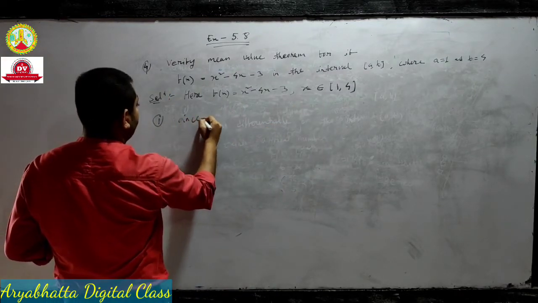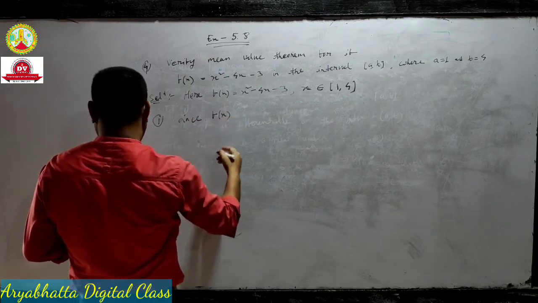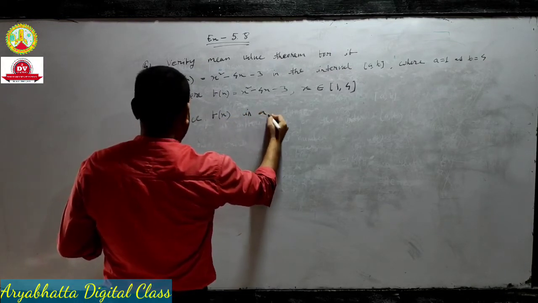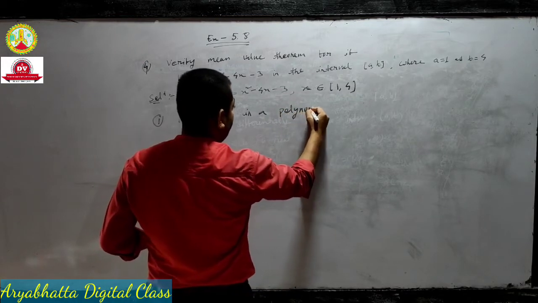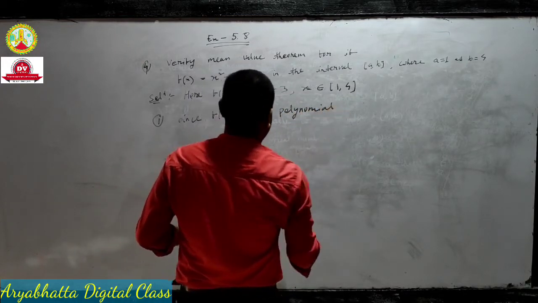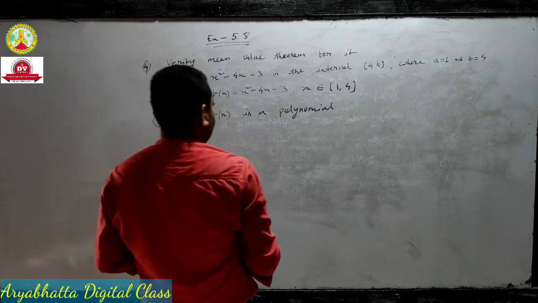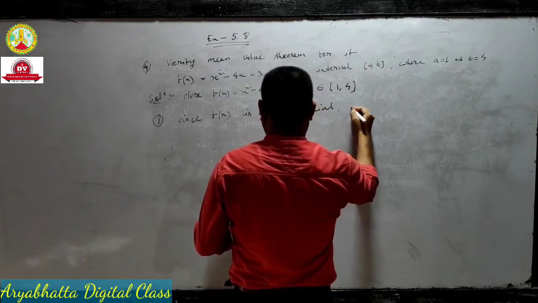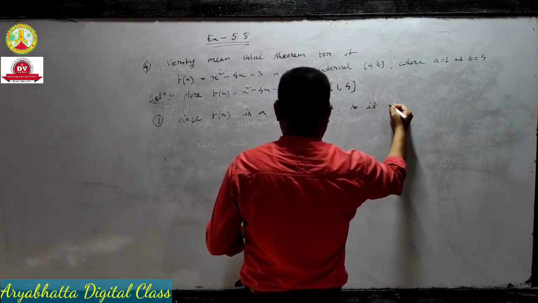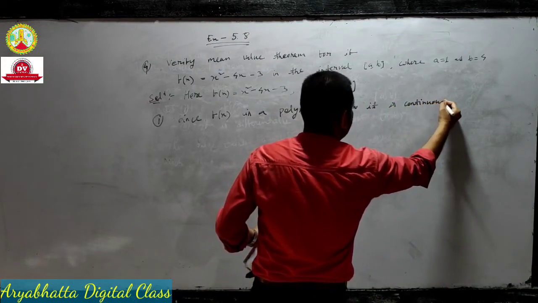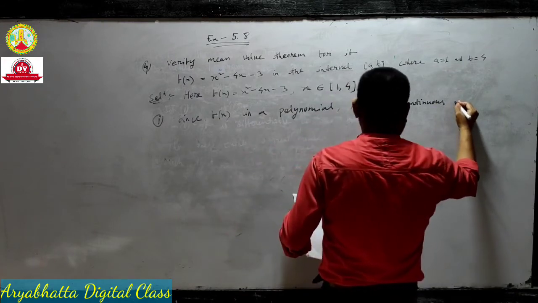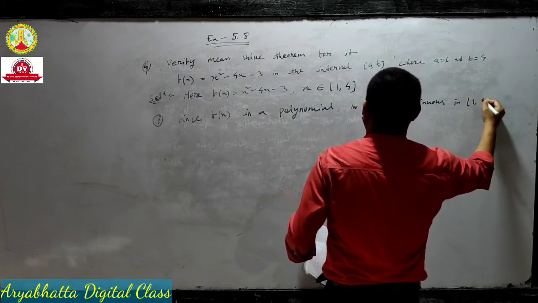Since f of x is a polynomial, we know that polynomial function is continuous, so it is continuous in closed interval 1 comma 4.